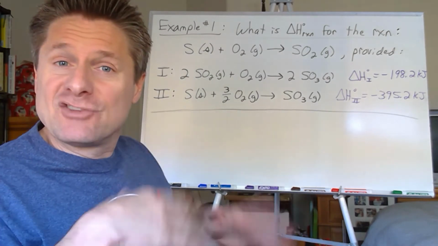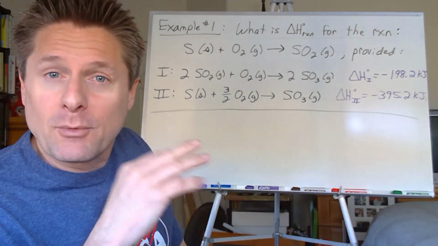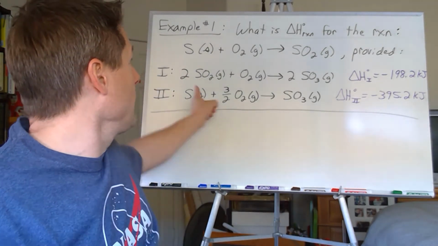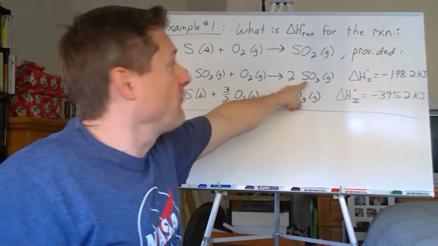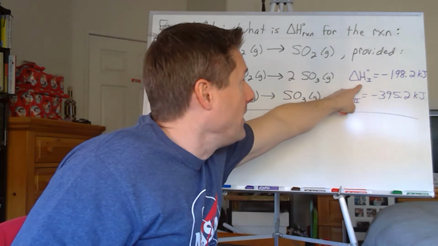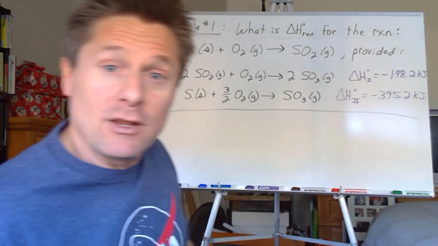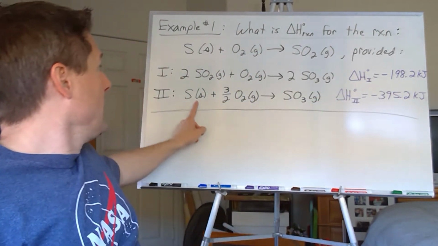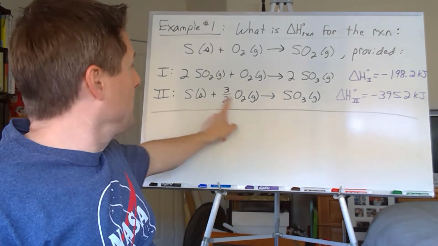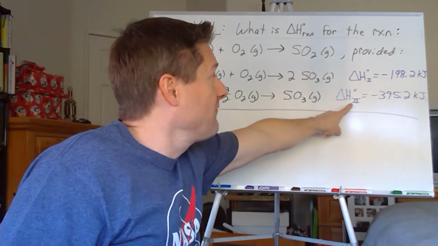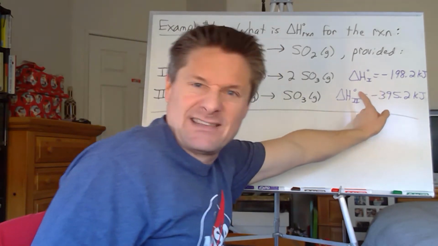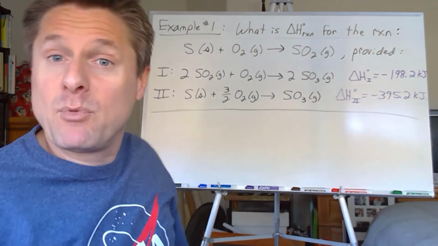Let's say we dig through some research articles or some thermodynamic papers or whatever, and we find that the combustion of the sulfur dioxide gas here to form sulfur trioxide gas, we find that one is negative 198.2 kilojoules. Okay. And then we find that the sulfur solid plus 3/2 moles of oxygen gas gives you sulfur trioxide gas. And we find the delta H value for that at standard conditions is negative 395.2 kilojoules.